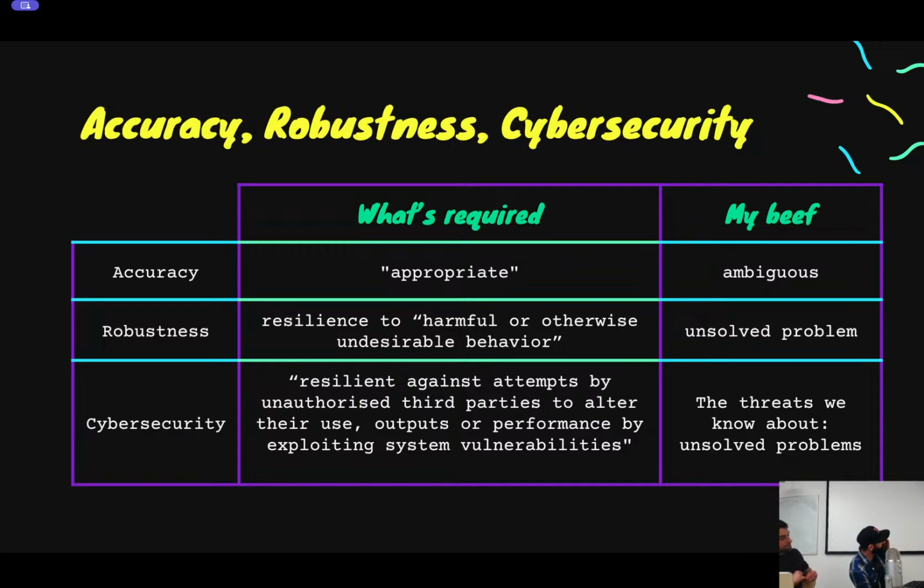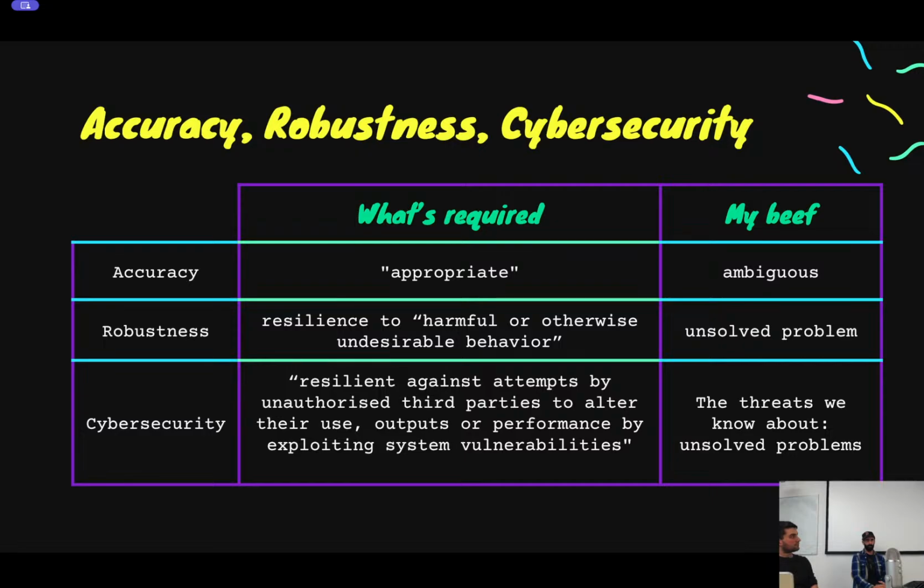With robustness, which is defined as the resilience to harmful or otherwise undesirable behavior, and cybersecurity, which is defined as resilience against attempts by unauthorized third parties to alter the use of the AI system's outputs or performance by exploiting system vulnerabilities, I just think of these both as pretty much unsolved problems.